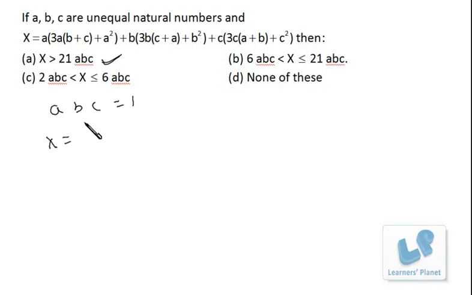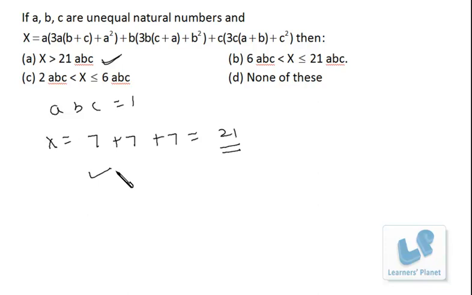So x is equal to, b plus c is 2, 2 into 3 is 6 plus 1 is 7, and this is also 7, and this is also 7. So it's 21 into a into b into c, that is abc. So the minimum value of x will be 21abc. Okay, so that we have proved.